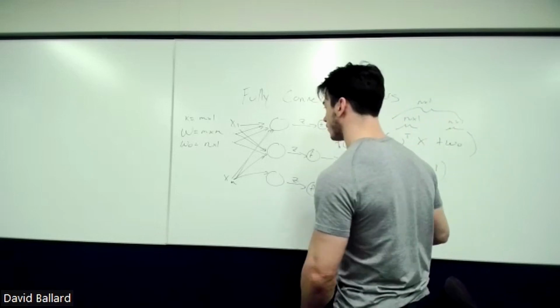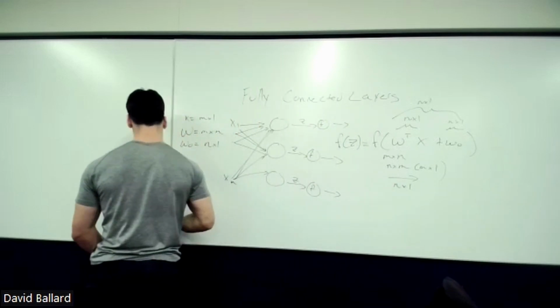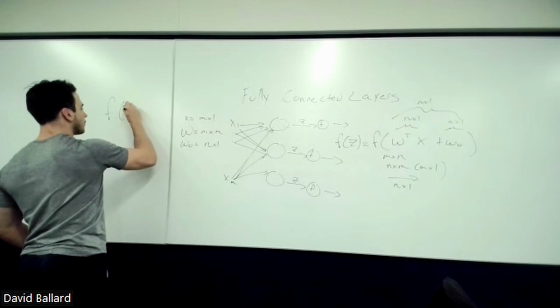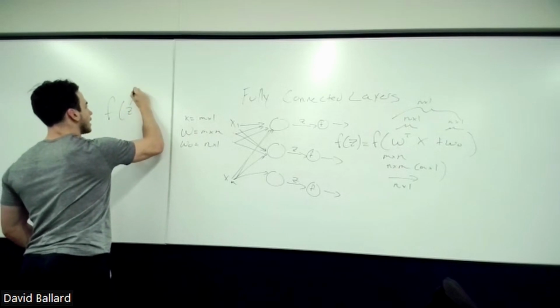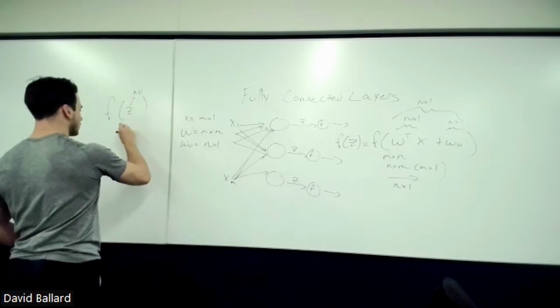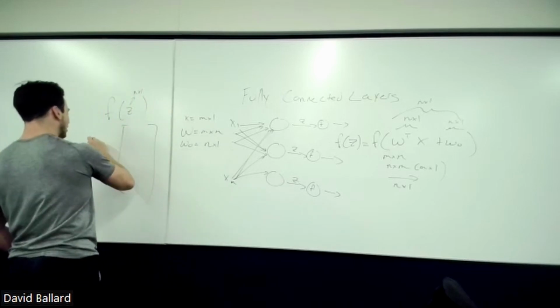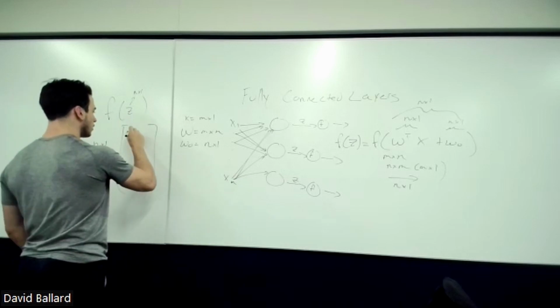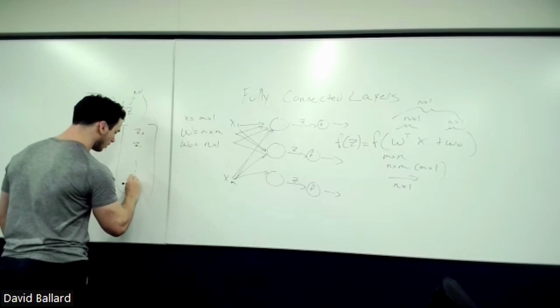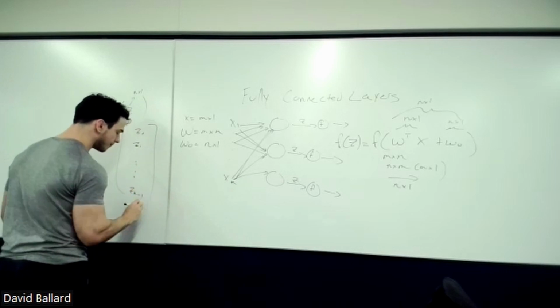So we're going to have F of Z, where Z is an N by 1 vector. Okay, and so we have a column vector that's N by 1 here with a bunch of Z0, Z1, dot dot dot, Zn minus 1.